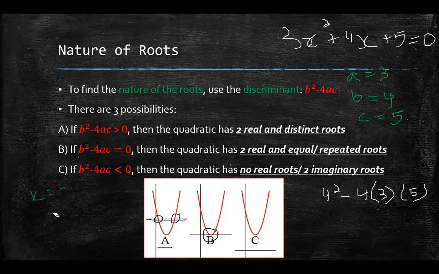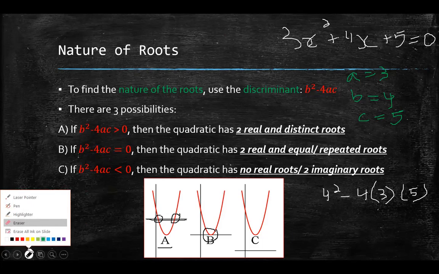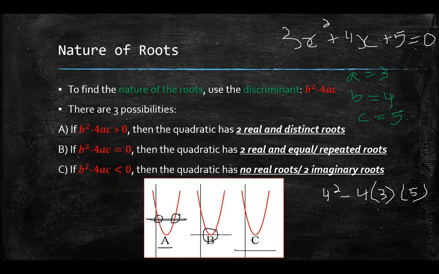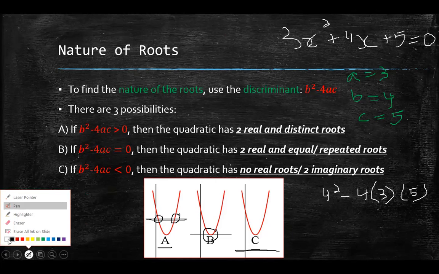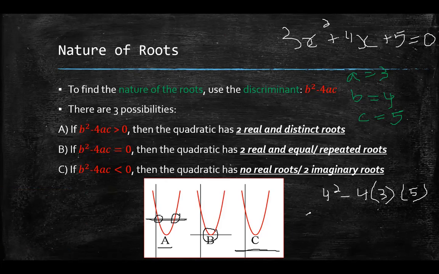And b squared minus 4ac, if it's less than 0, it has no real roots. That means it does not touch my x-axis at all. This is the x-axis, and you could see that this graph does not touch this line at all. That means it has no real roots or two imaginary roots. In this case, if I was actually doing this question, 4 squared is 16, and then this is minus 16.